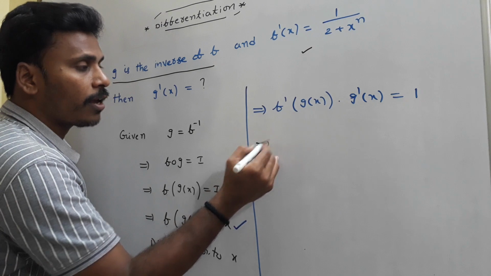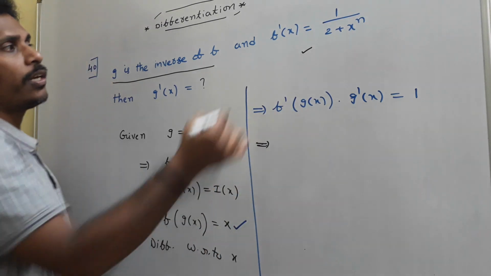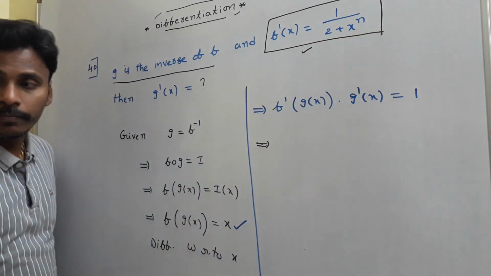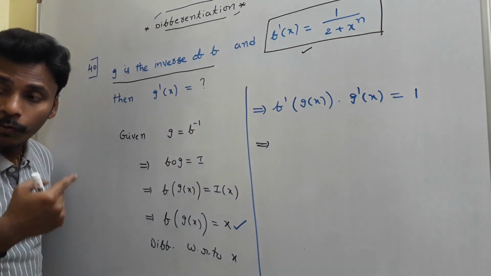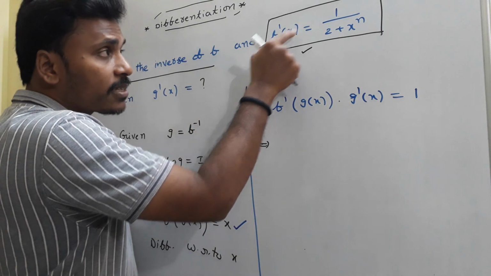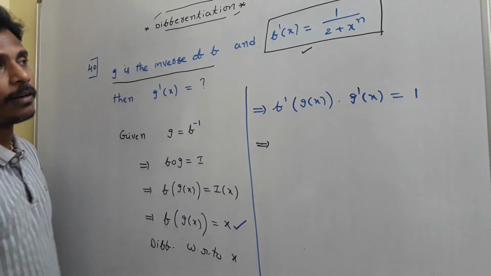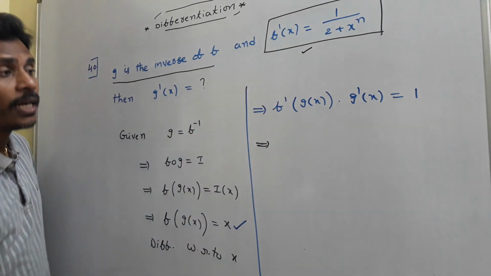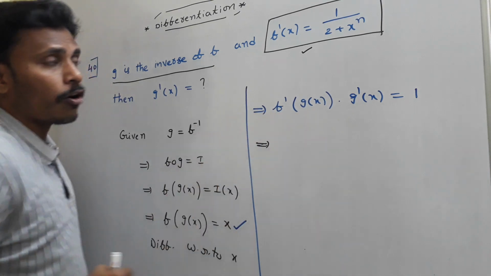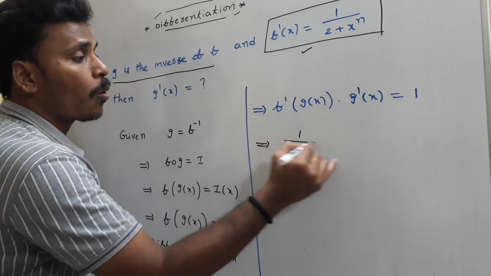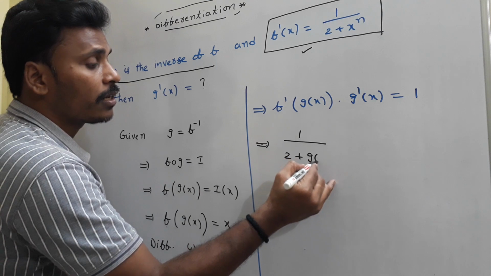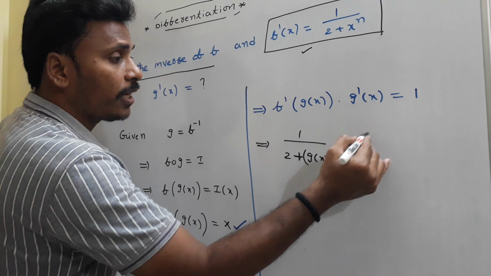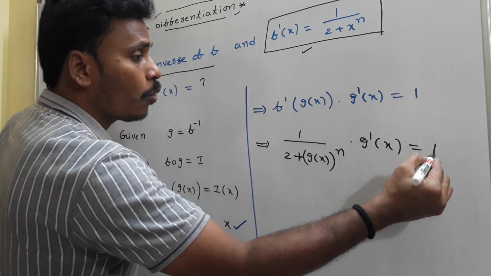Now what do you say about this f dash of G of x? Look here, f dash of x is given as 1 by 2 plus x power n. For f dash, the derivative of f, if the input is x, the output is 1 by 2 plus x power n. If the input is some z, the output is 1 by 2 plus z power n. Here for f dash the input is G of x, so the output is 1 by 2 plus G of x to the power n, into g dash of x is equal to 1.